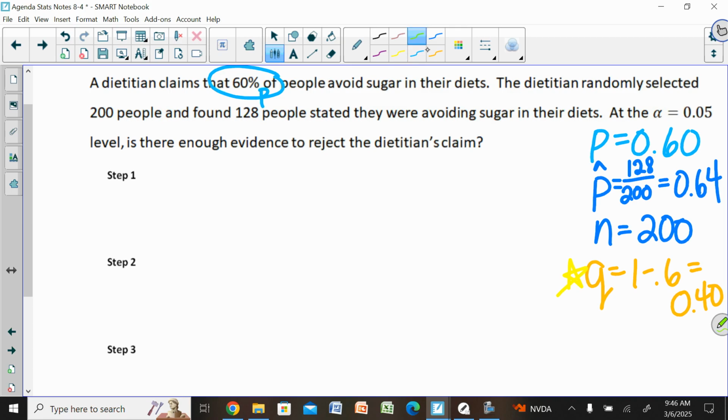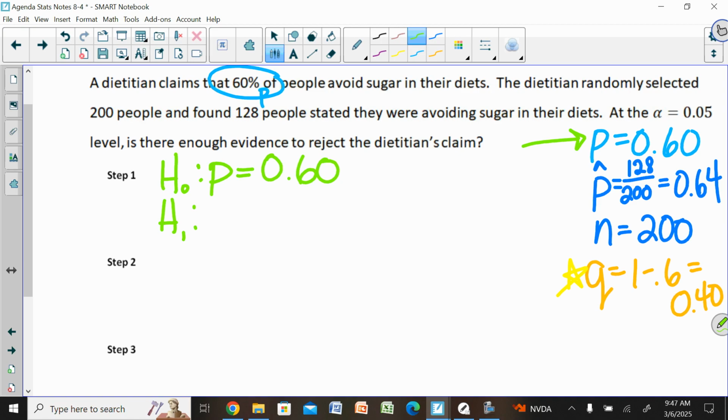So step 1, let's jot down our hypotheses. So H sub 0 and H sub 1, identify our claim. Our H sub 0 is already given to us. It is that big population piece of data. So P is equal to 0.60. And the dietitian is claiming that 60% of people avoid sugar.